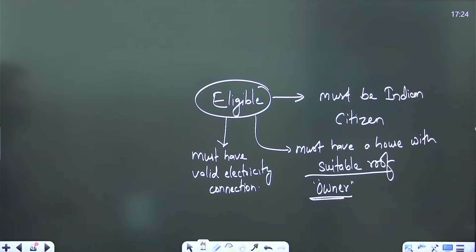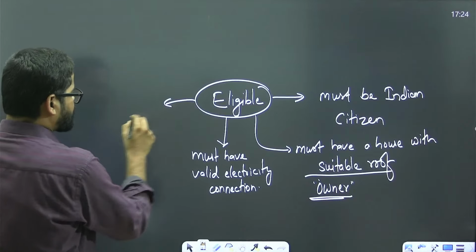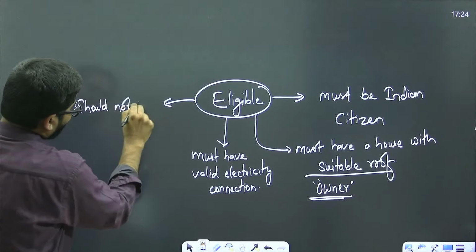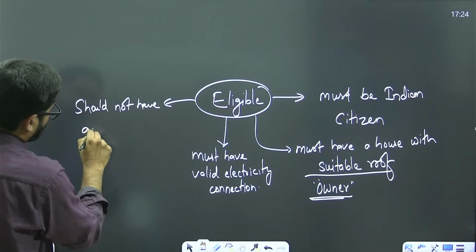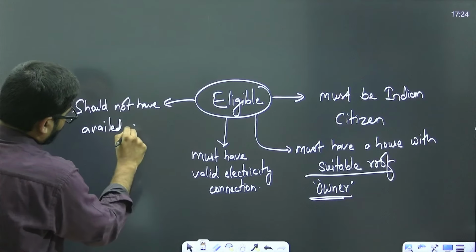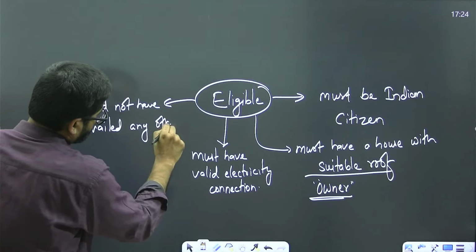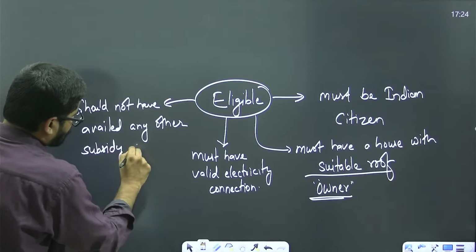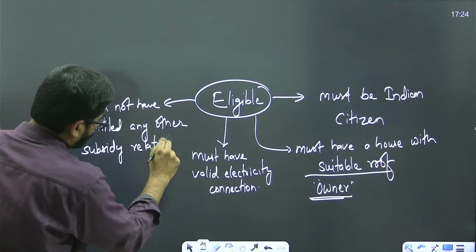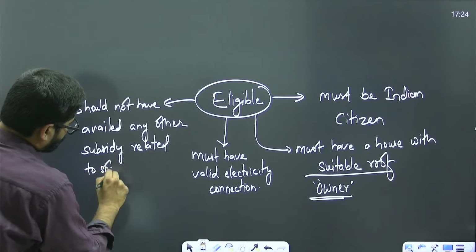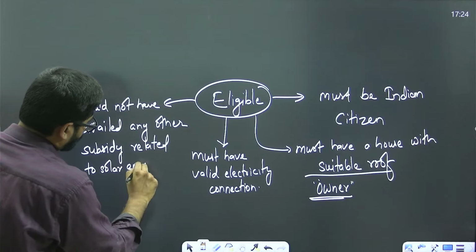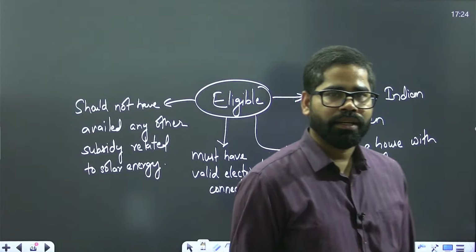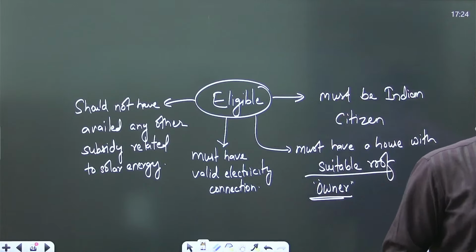Then they should not have availed any other subsidy related to solar energy. So they must not have availed any such other subsidy with respect to solar energy.